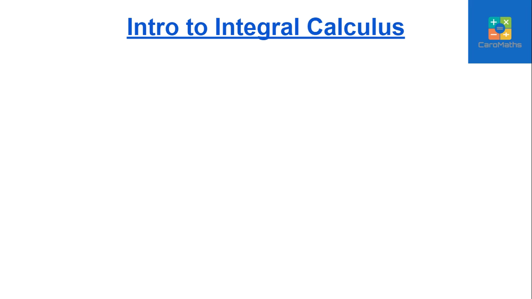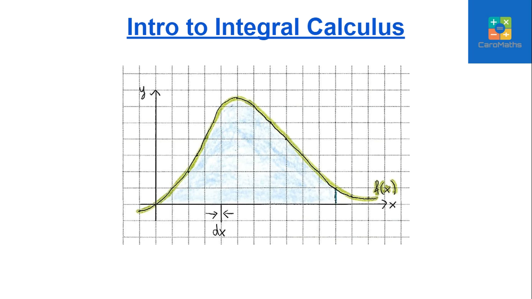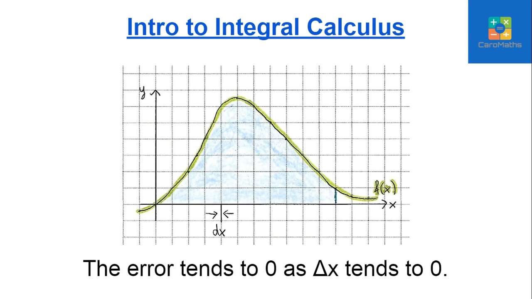Now we could take that to the next level, where we just have very, very fine slices, as you can see here. And now we're actually estimating the area under the curve. So the error of the estimation tends to 0 as delta x tends to 0.